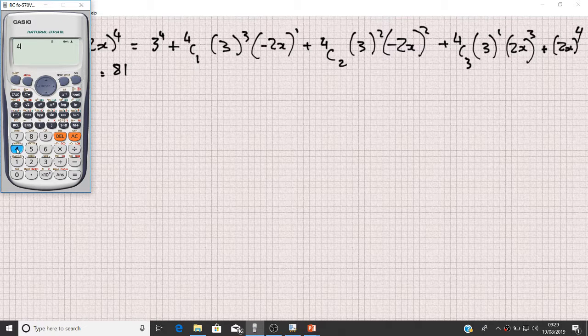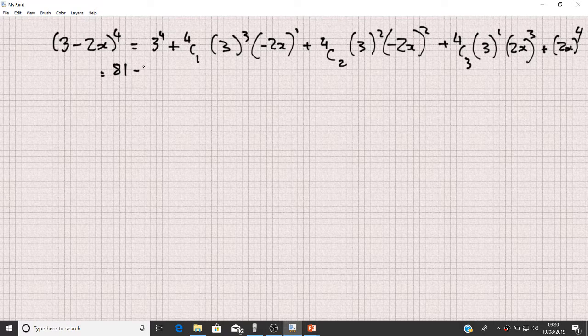So we're going to say 4 times 3 cubed, well that's 27. And minus 2 to the power of 1, so it's going to be 4 times 27 times negative 2. So negative 216 times x.